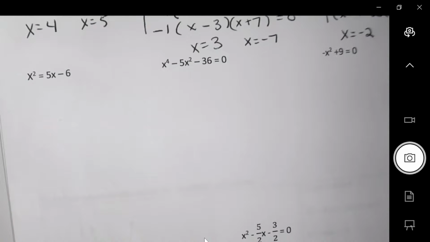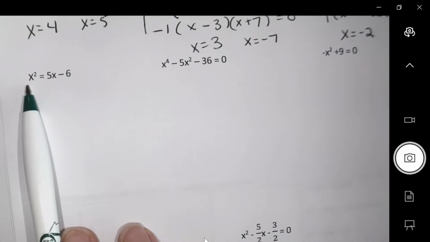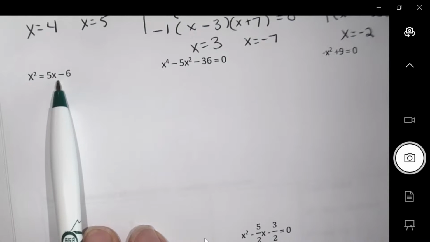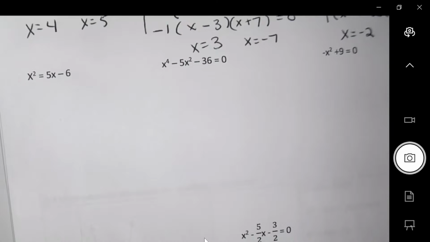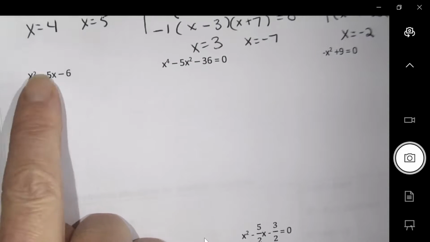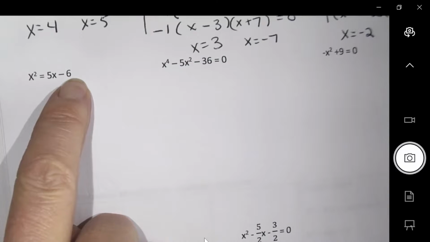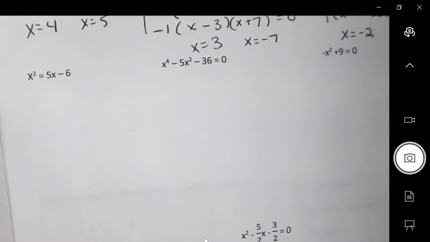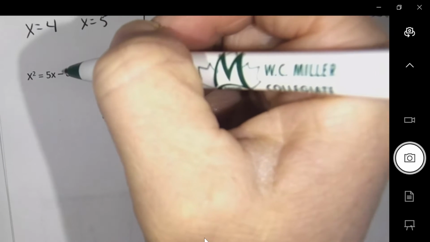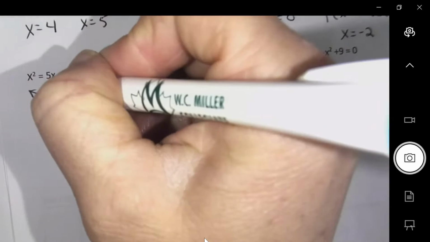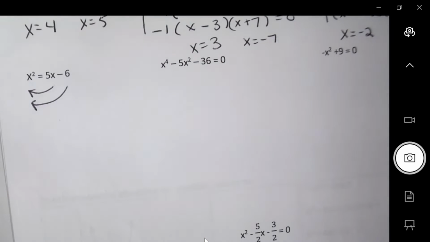Fourth question. What is wrong with it? I have one variable, I have two variables, okay. So what do I need to think about? 0, I need a 0. As soon as I see two variables, a 0. Which way do you want to move? Do you want to move this over to the right or do you want to move this stuff to the left? I'm picking that way.